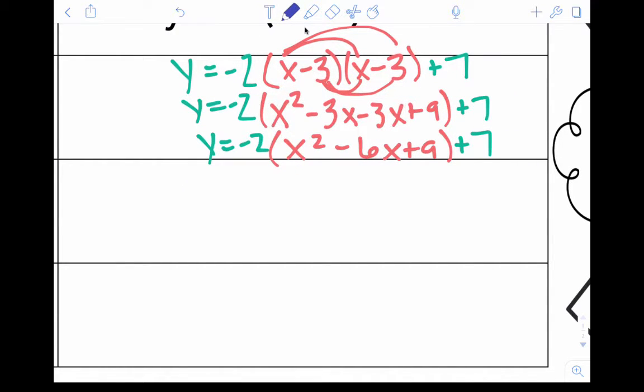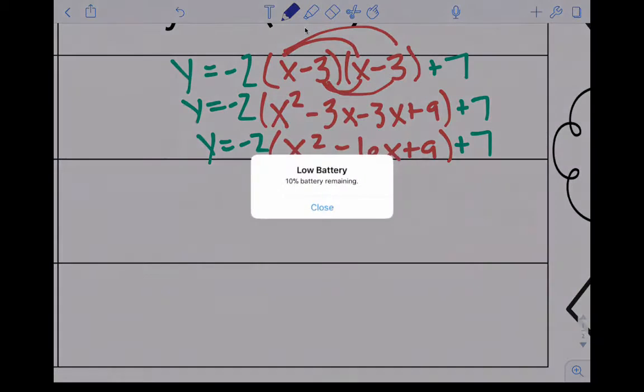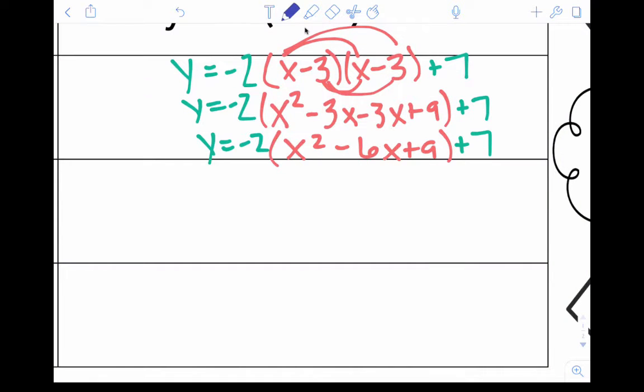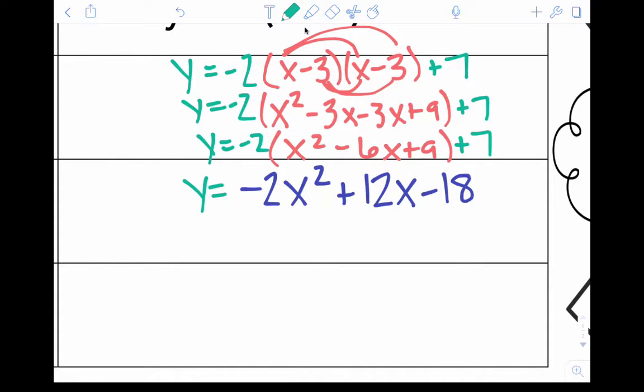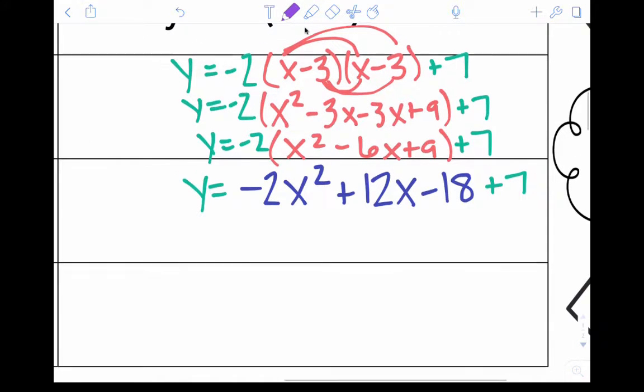Now all I have left is the parentheses that I cannot simplify any further, multiplication, and addition. So I'm going to distribute that multiplication. That becomes negative 2x squared plus 12x, because I'm paying attention to my negatives, minus 18. And then I still have the y equals and that plus 7. So that's all that I do on that step, I just multiply.